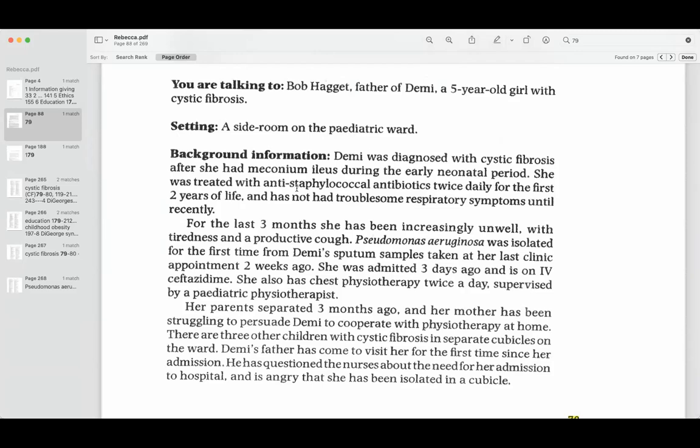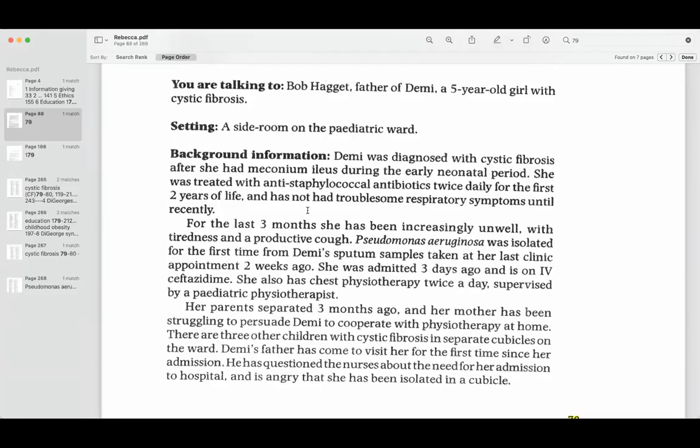Demi was diagnosed with cystic fibrosis after she had meconium ileus during the early neonatal period. She was treated with anti-staphylococcal antibiotics twice daily for the first 2 years of life and has not had troublesome respiratory symptoms until recently. For the last 3 months, she had been increasingly unwell with tiredness and productive cough.